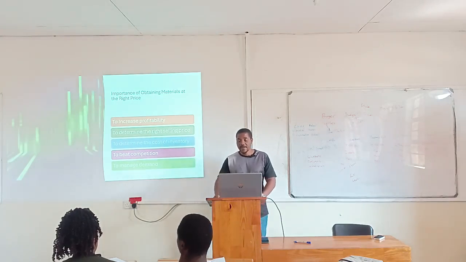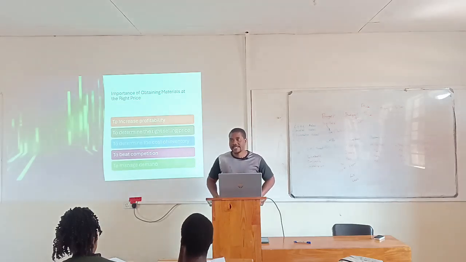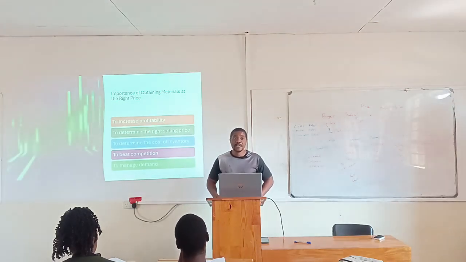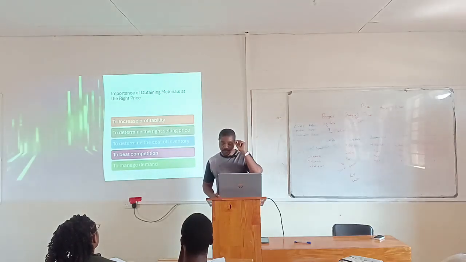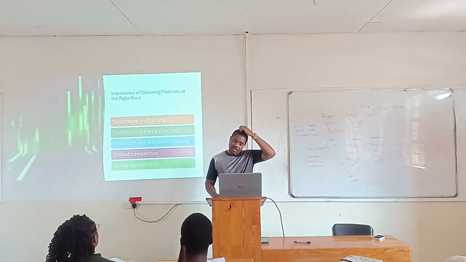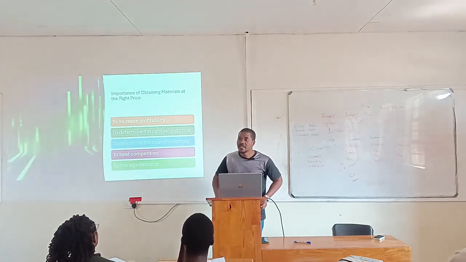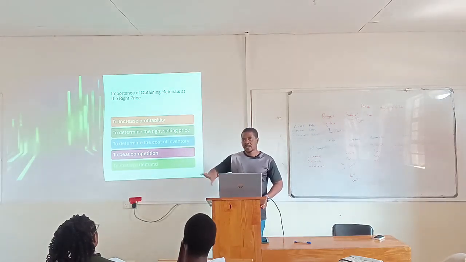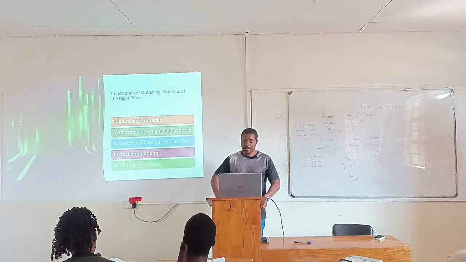To determine the right selling price, so when you obtain this, it will also help us to determine the right selling price. A selling price is the price at which we now sell our product. To determine the cost of inventory, so the price will also determine the cost of our stock, the items that we keep aside in our stores will be determined by the right price.